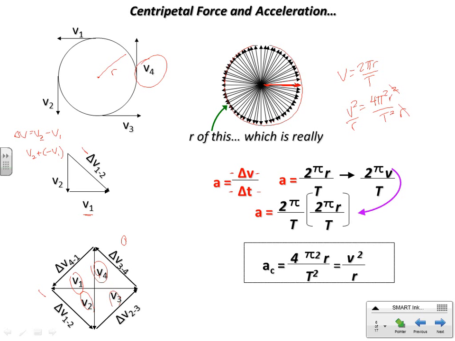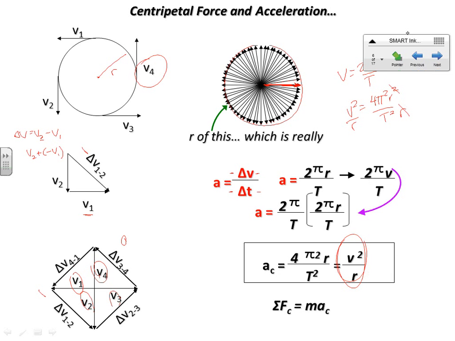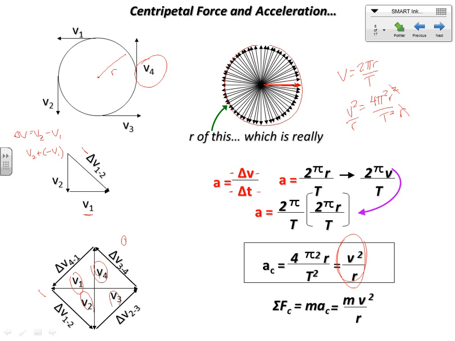So two ways to write the magnitude of centripetal acceleration: 4 pi squared r over t squared, or v squared over r. This is the one you absolutely need to have at your fingertips. Which means, very simply, that since net force is ma, centripetal force is mv squared over r. And this one you absolutely have to have at your fingertips.